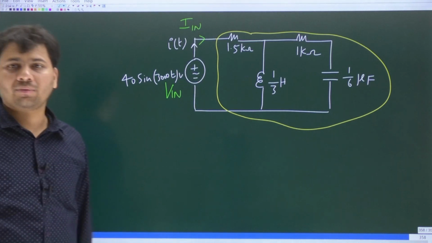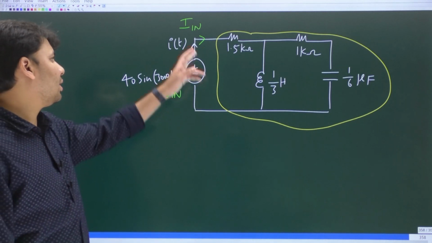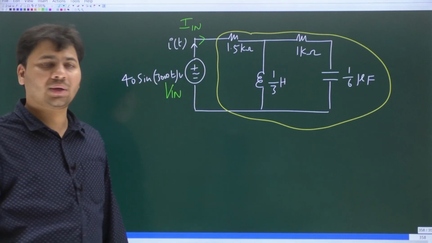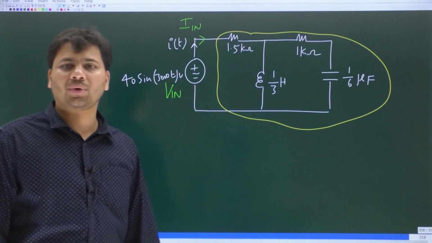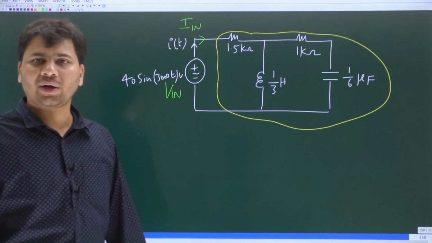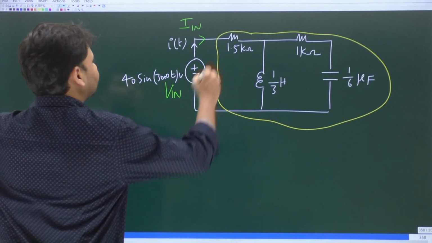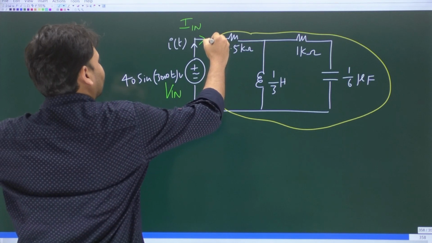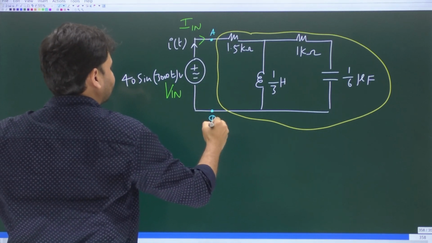Let this be Vn, the phasor input voltage. What is the ratio of phasor input voltage to the phasor input current? Is it not the input impedance? So here you can call this point A, and this point B.